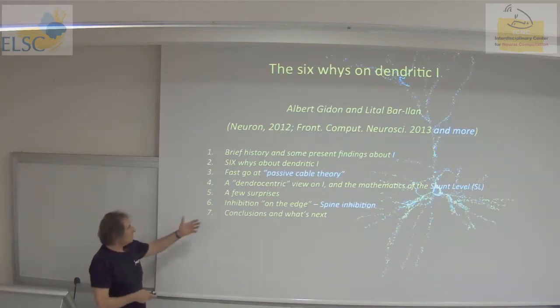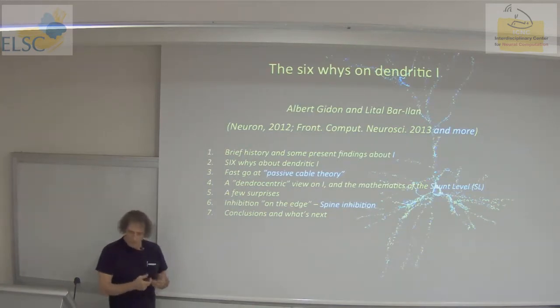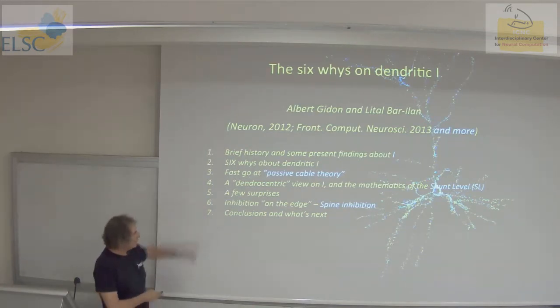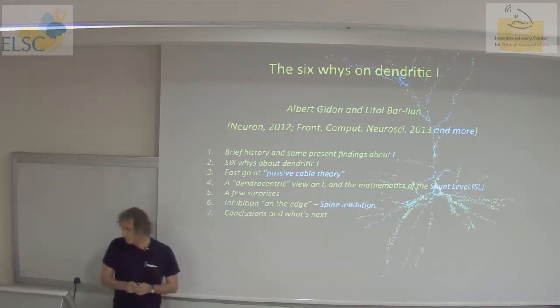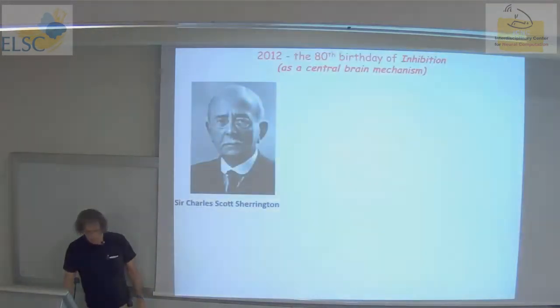Then there was the development of what one can call a new theory, of Albert mostly, about how to analyze dendritic inhibition, and then I will provide some surprises that came through this work. And finally, if I have time, I'm not sure if I have time to get into number 6, I want to speak about inhibition on dendritic spines, which is a relatively new subject for me.